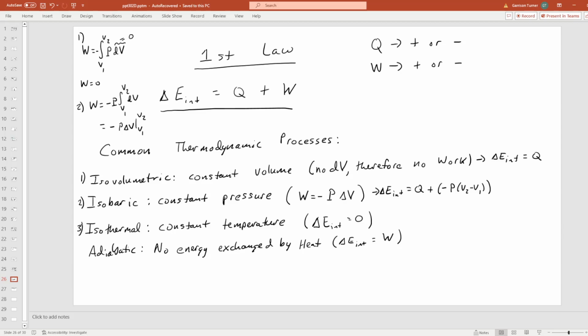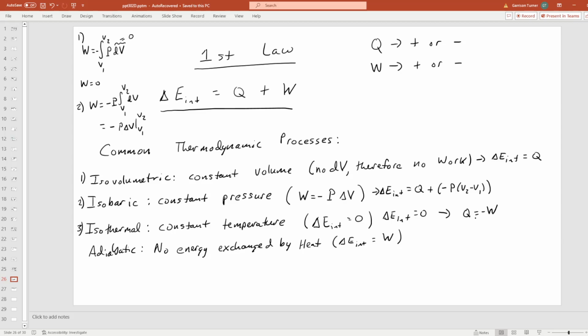So, with that in mind, if delta E int is 0, then that means that your heat and your work done must be opposite of one another. Okay?